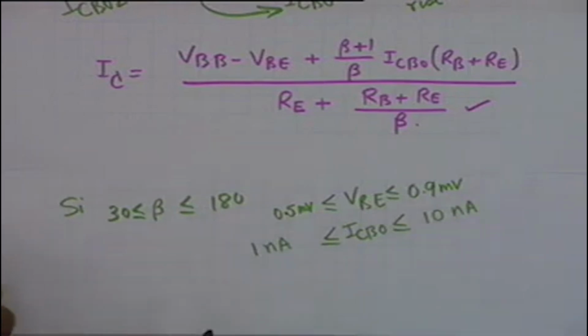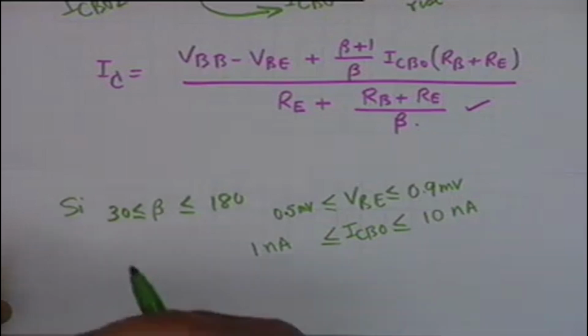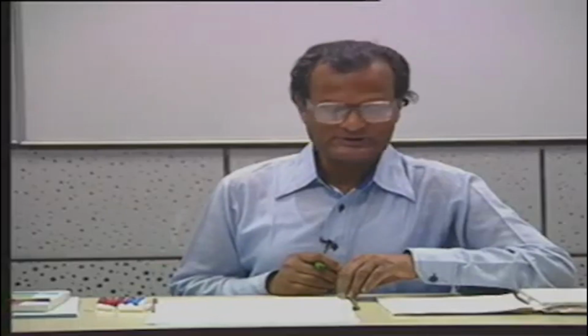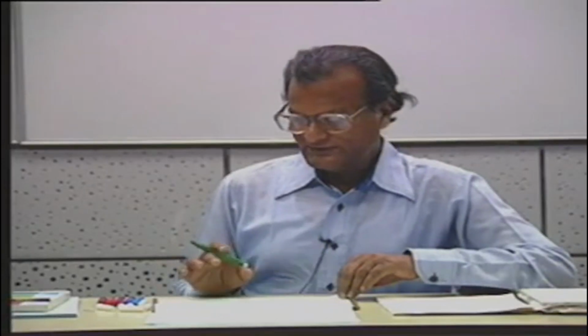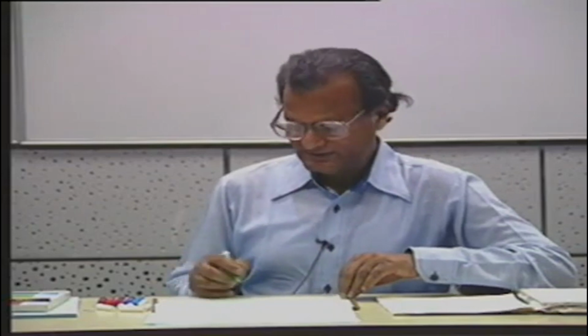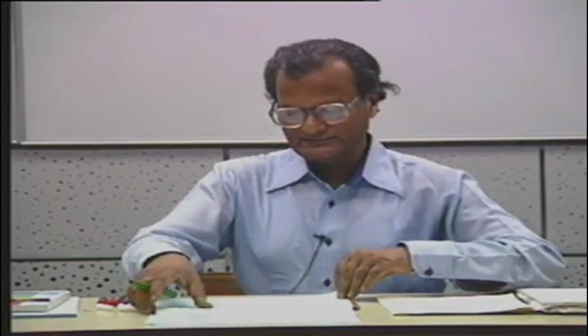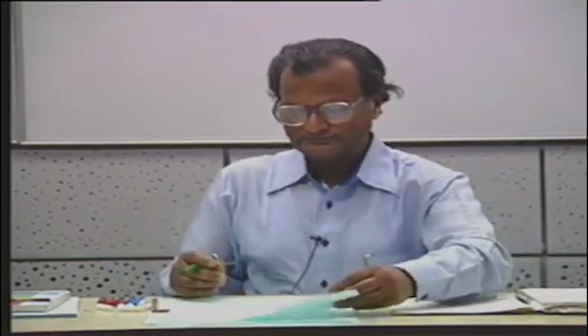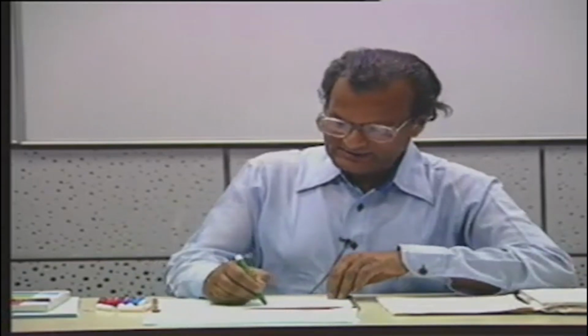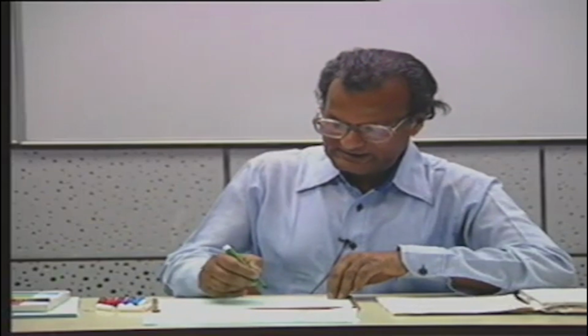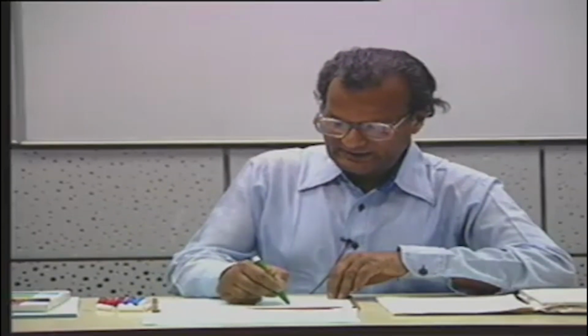Okay, what we want to know is what is the worst case variation in I sub C, all right. Obviously then you would want to know what the circuit is. Let's look at the circuit now. The circuit is the usual circuit, the self bias circuit, and let us say the values are given.